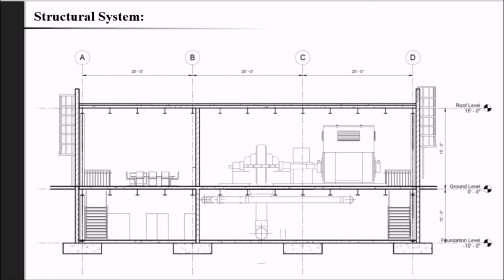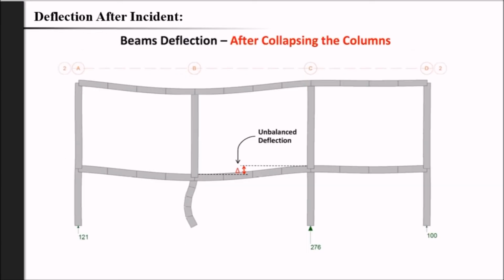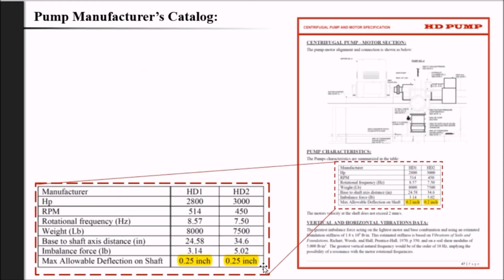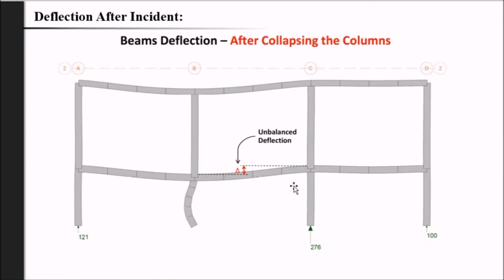Now, let's take a look at the specifications regarding the allowable deflections under the pump to see how large this deflection would affect the pump shaft. Here, we have the pump manufacturer's catalog. According to this catalog, the maximum allowable deflection on the shaft is 0.25 inches, which is smaller than the unbalanced deflection caused by the buckling of these two columns.